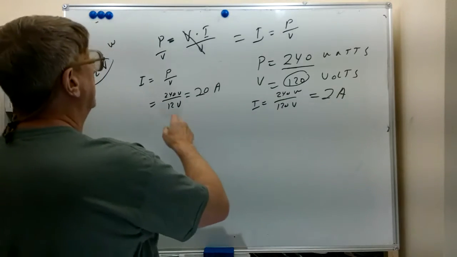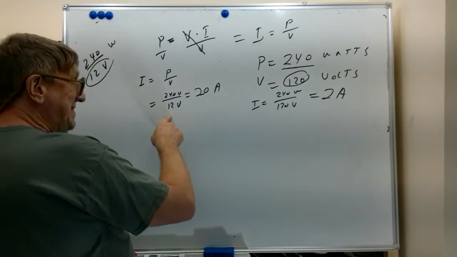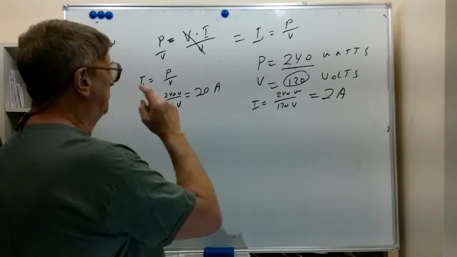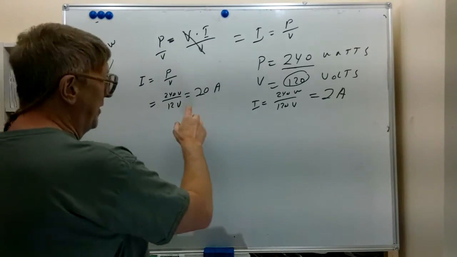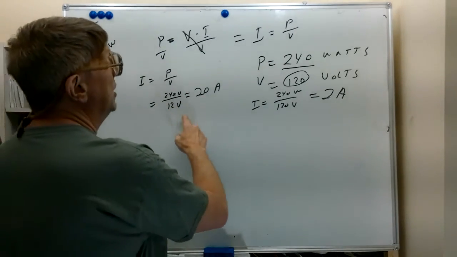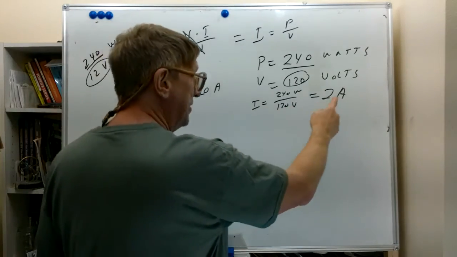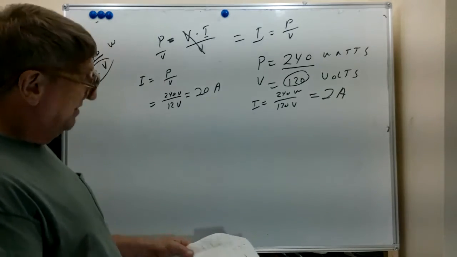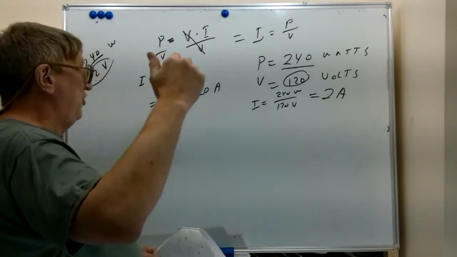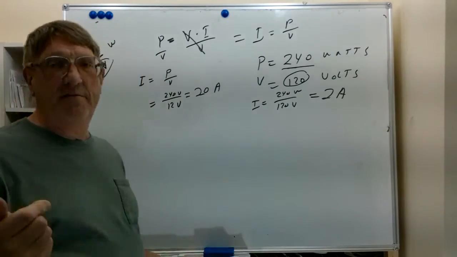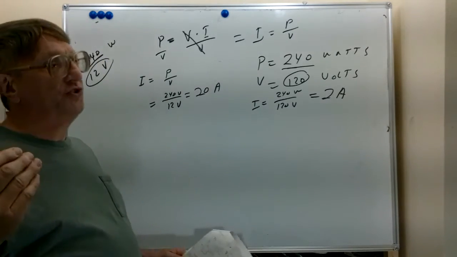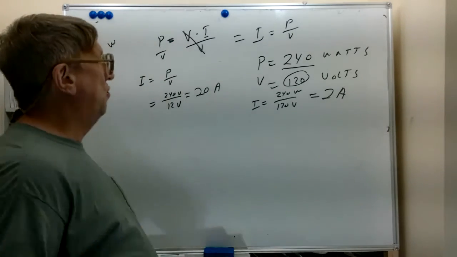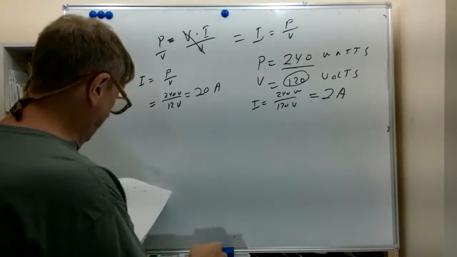So when we made the voltage 1/10 as much, we needed 10 times as much current. Or if we went the other way, from 12 volts to 120, we made the voltage 10 times as much, we need 1/10 as much current. So you can get the same wattage, the same amount of power, with a high voltage and a low current, or with a low voltage and a higher current.